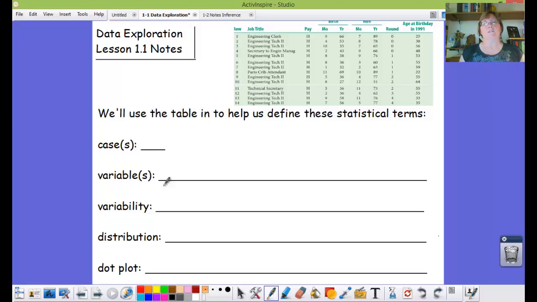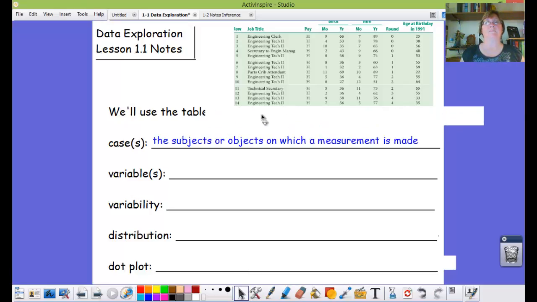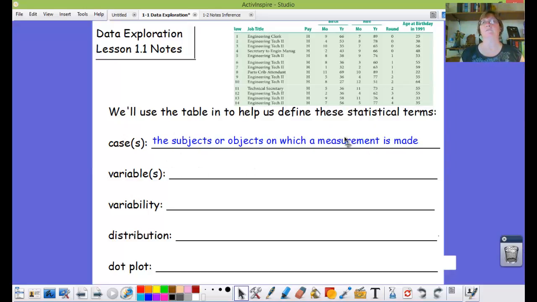So what we want to do is use the Westvaco story to help us define some terms in general and make some analysis of the data that we see. To begin with, the cases in statistics are the individual objects that you're studying. My definition here says the subjects, that's people or objects on which you're making measurements or making judgments.